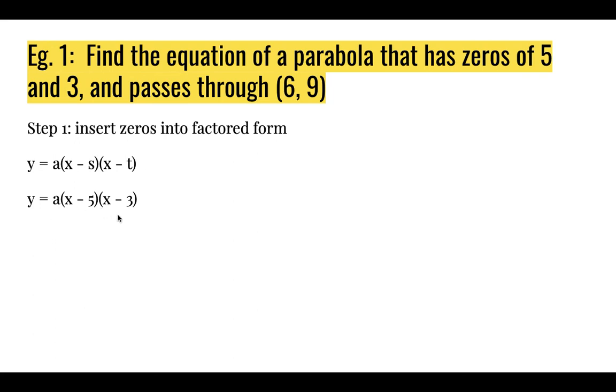Your second step, because we have to figure out what a is, is to substitute in your point for x and y. So our point is (6, 9). Remember, your first number is your x value, so you're going to put that in for x's, and your second value is your y value, so you're going to put 9 in for y.